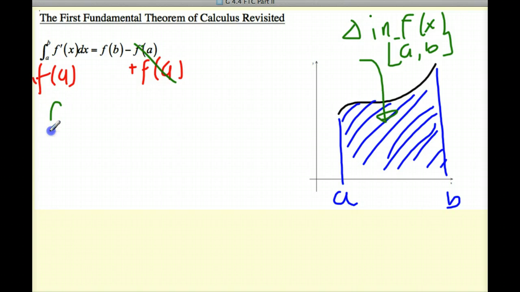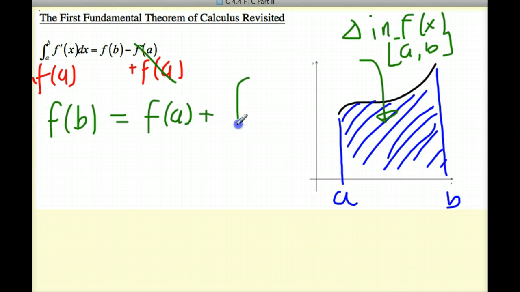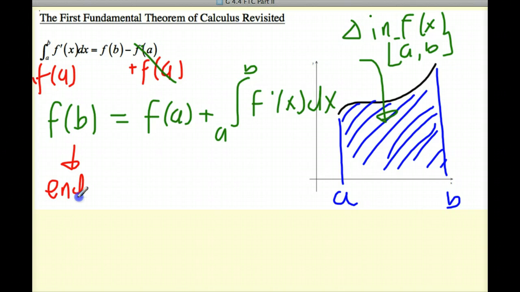This gives me f of b is equal to f of a plus the integral from a to b of f prime of x dx.